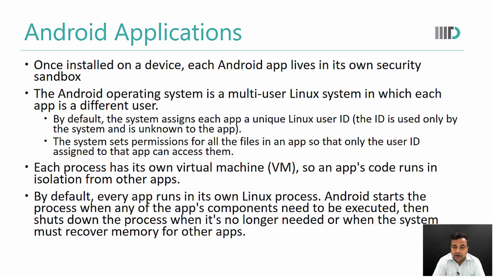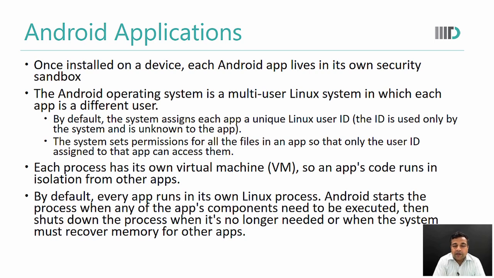So each process in Android has its own virtual machine, and an app's code runs in complete isolation from other apps. By default, an application will run as its own Linux process. Android starts the process when any of the app's components needs to be executed. We will soon learn about different app components.